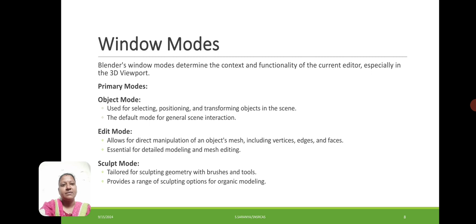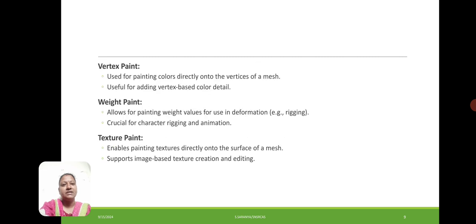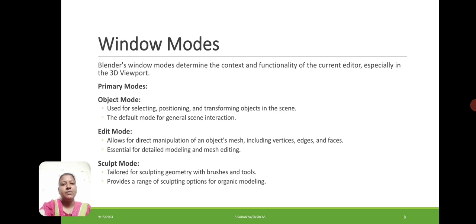Blender's modes determine the context and functionality of the current editor, especially in the 3D viewport. Primary modes. The first one is object mode, used for selecting, positioning, and transforming objects in the scene. It is the default mode for general scene interaction.